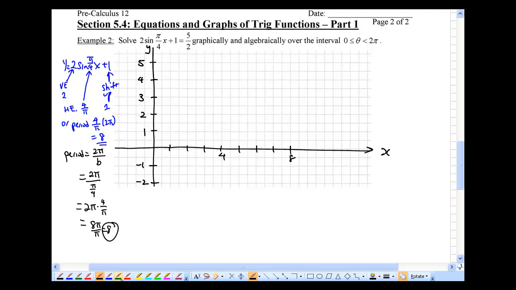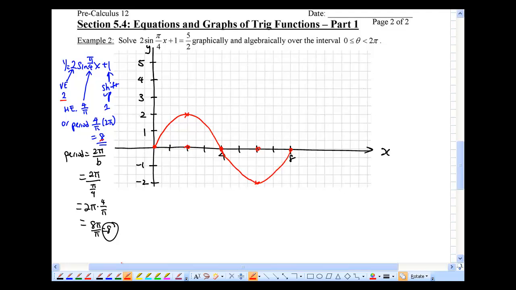Do these in steps if you want. So once again, if I were just to do the vertical expansion by 2 and a horizontal expansion with the 8, notice it starts at 0, halfway is 4, halfway is 2, halfway is 6. Expansion by 2 means you go up to 2, go down to -2.